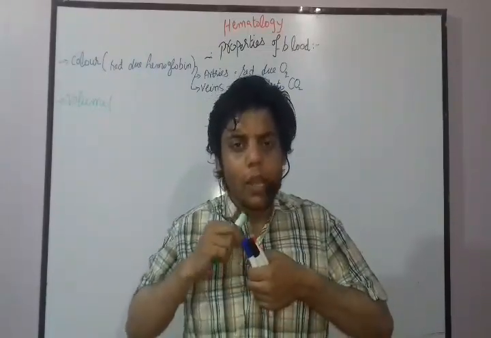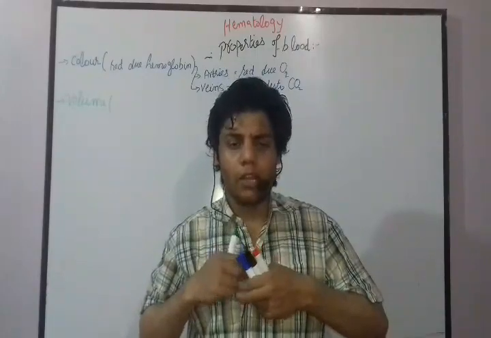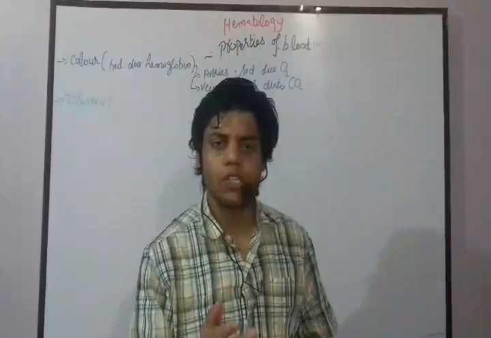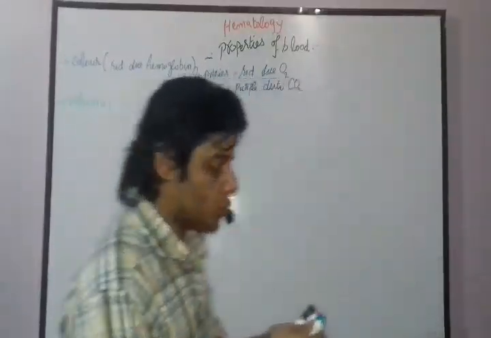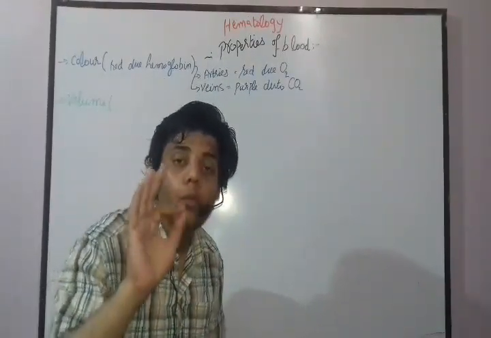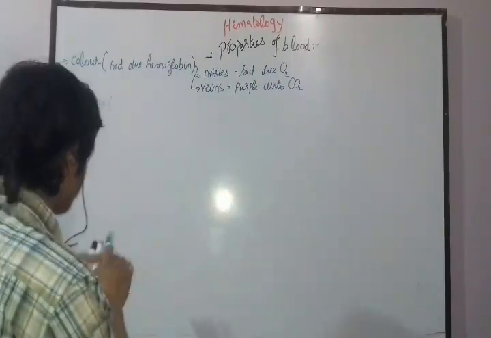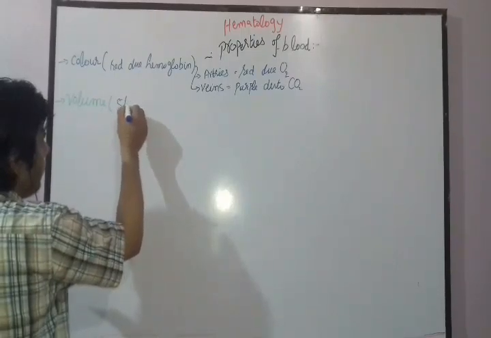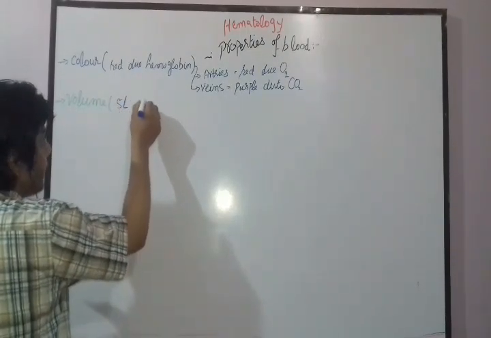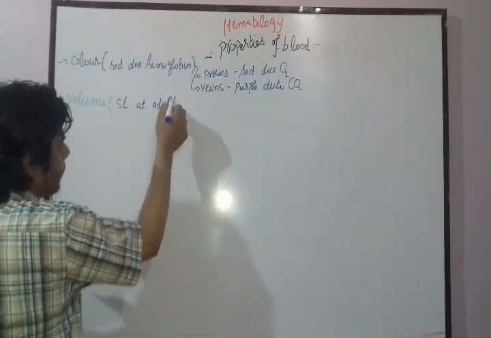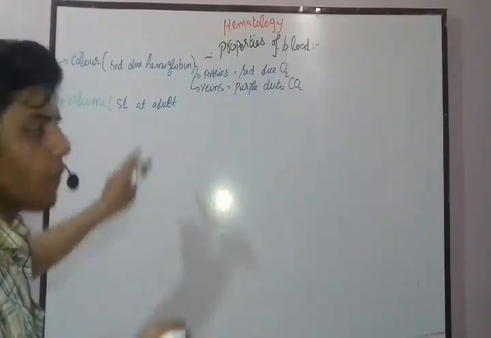In a normal adult person, the volume of the blood is always 5 liter. During adult age, the volume of the blood is 5 liter.